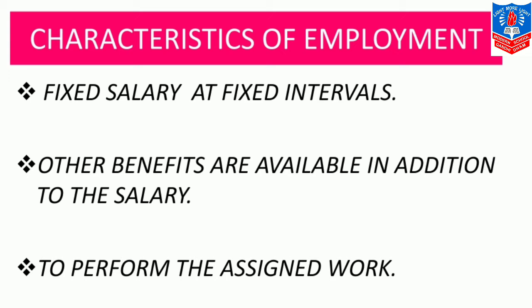Number 2, certain other benefits are available in addition to the salary. For example, medical allowance, pension, etc. Third, the employee has to perform the assigned work as per the contract under the control of the employer.